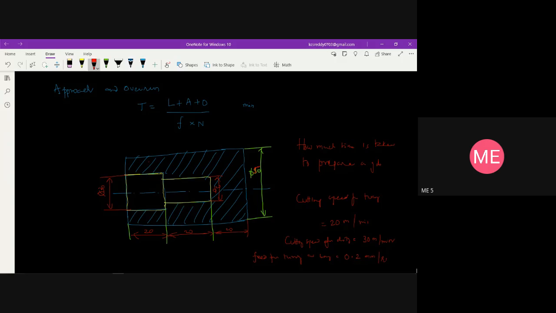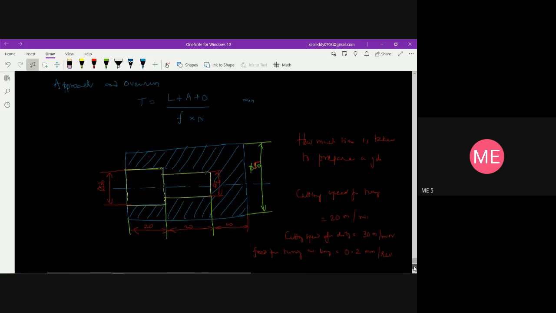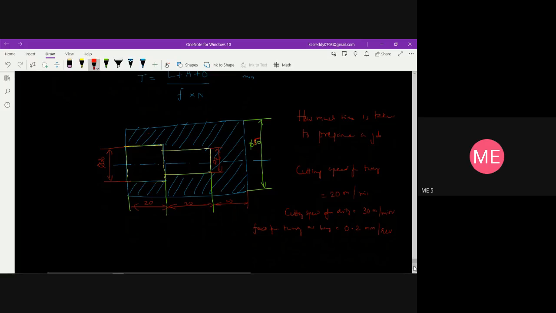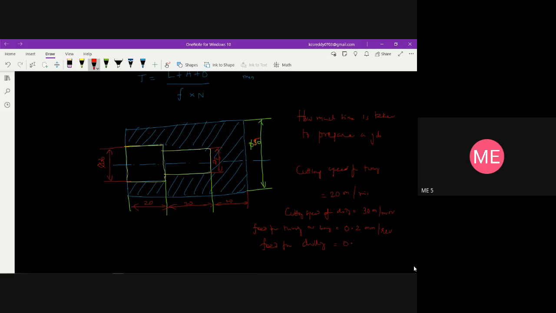Here F is given in mm per revolution, and the feed for drilling operation is given as 0.23 mm per revolution. So this is the data, and also the depth of cut not to exceed 3 mm.